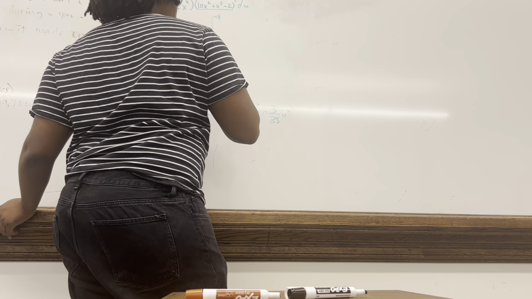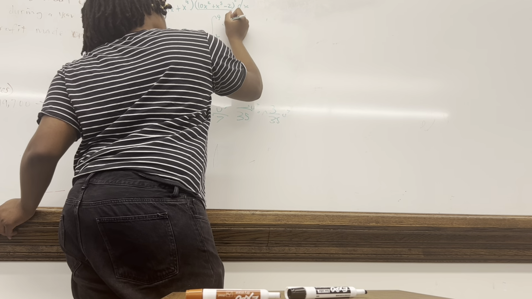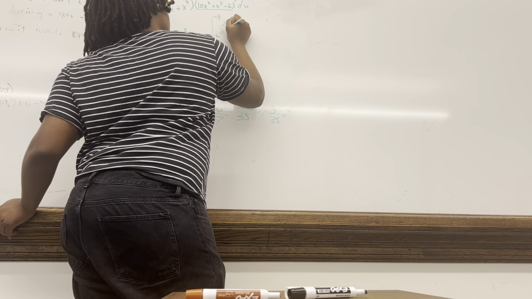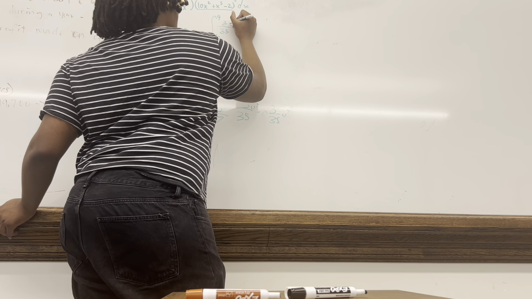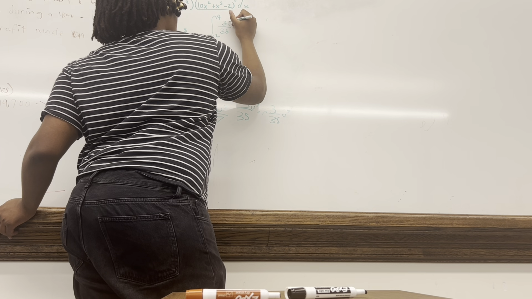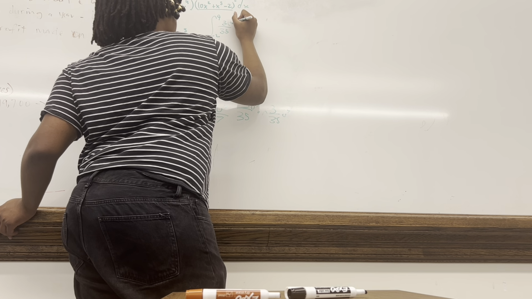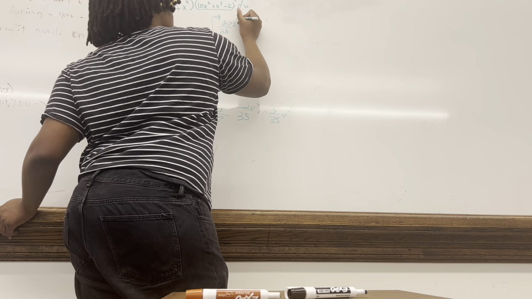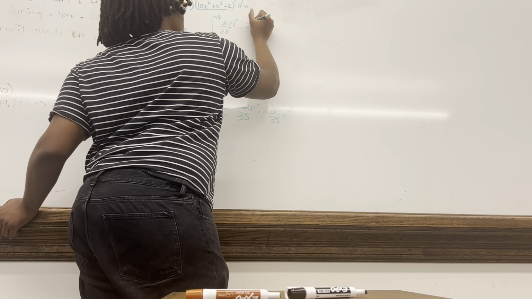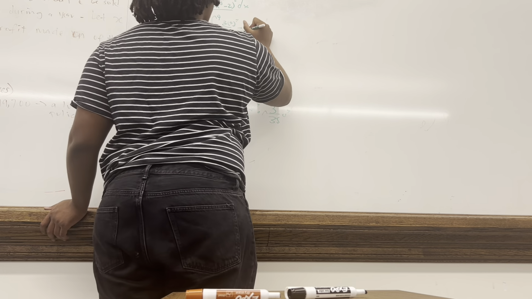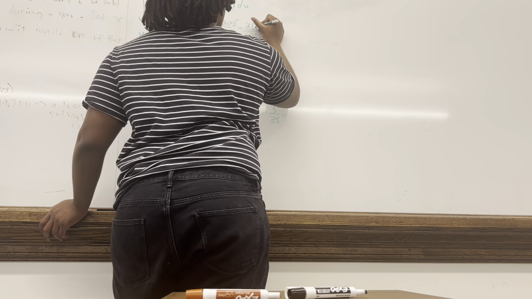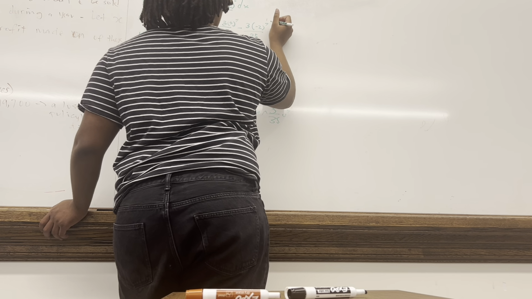And now we have 3 over 35 times 9 to the 7 minus 3 over 35 times minus 2 to the 7.